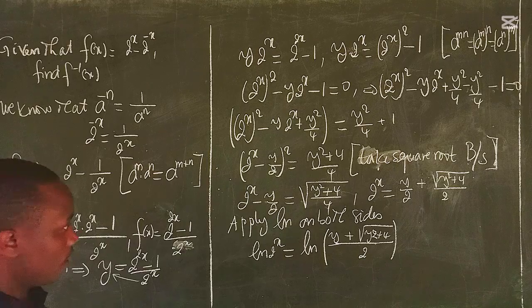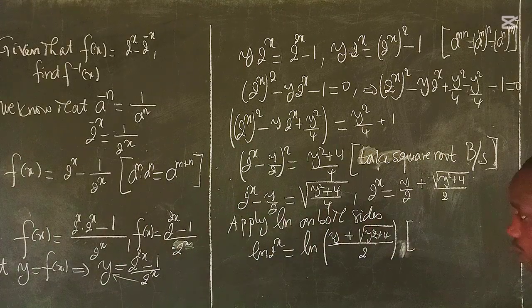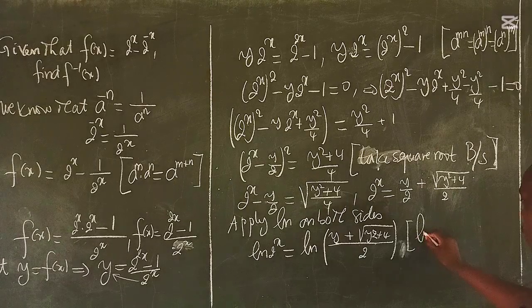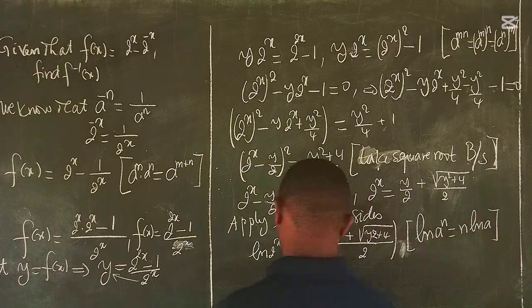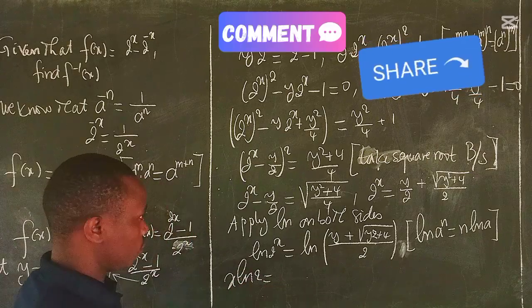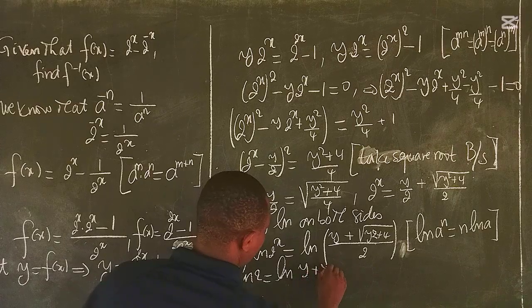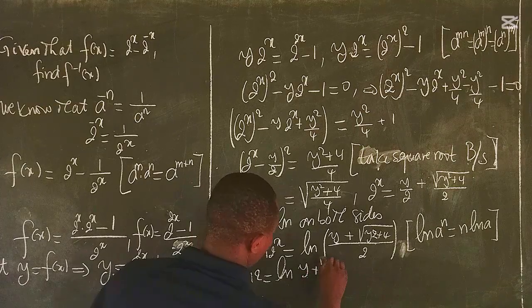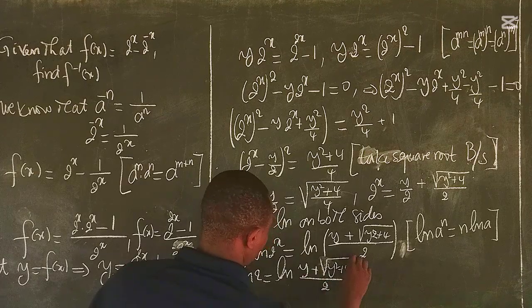Let's follow the property that ln a power n is n ln a. That's why x ln 2 is equal to ln of y plus the square root of y squared plus 4 over 2.